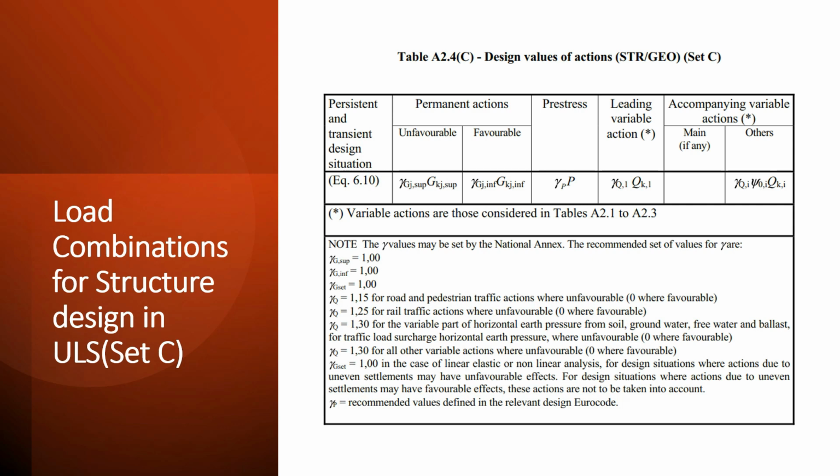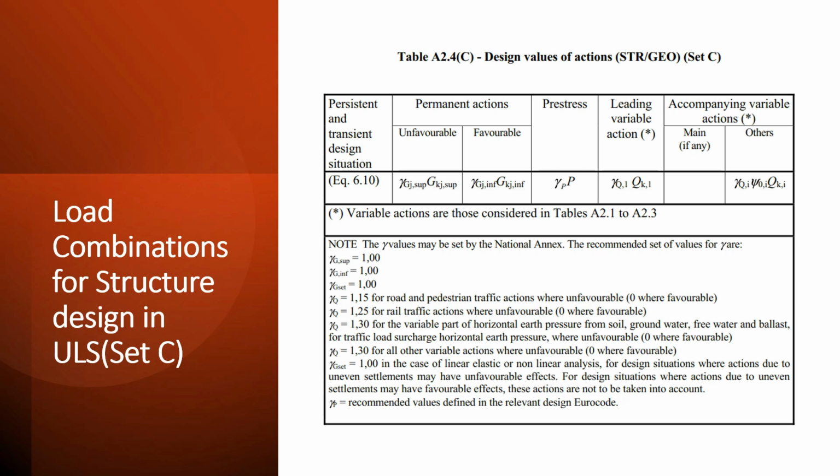And the same leading variable and accompanying variable action. For the leading variable you have a coefficient. Here you can see for the leading variable gamma q is 1.25, 1.3 for the different situations, right? And for the others we again multiply with psi 0, psi 1, psi 2, right? So this set will be used only for geotechnical.